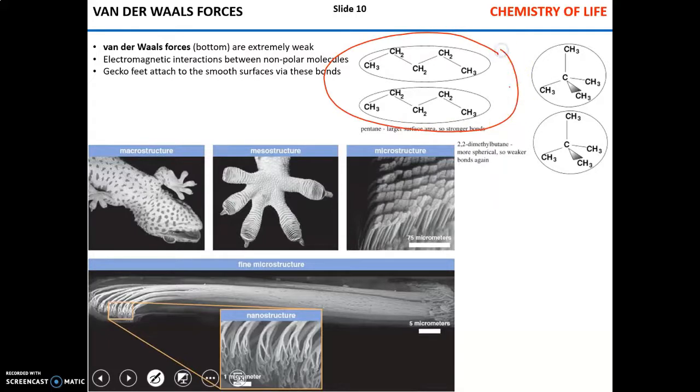Two molecules of pentane with large surface area form strong van der Waals forces, while 2,2-dimethylbutane, a more spherical molecule, forms weaker van der Waals forces. An example of van der Waals forces in nature: the gecko's feet can attach to smooth surfaces like glass by van der Waals forces.